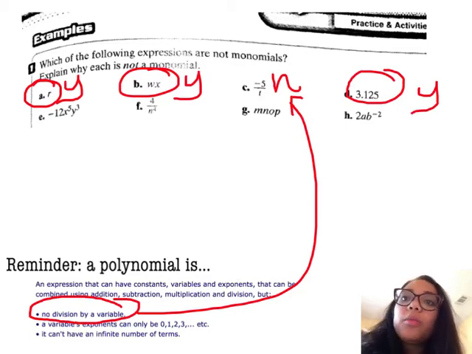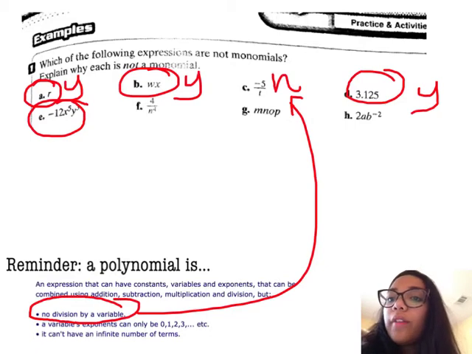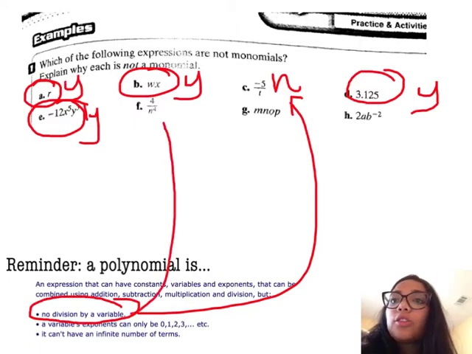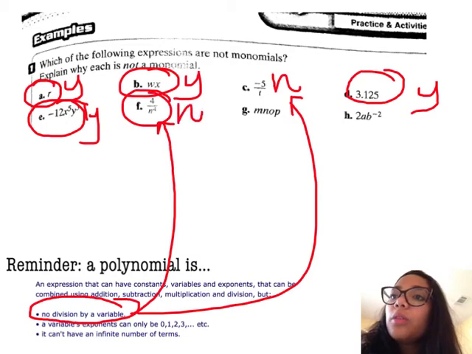Is E a monomial? All of its variables have exponents. It's not dividing by a variable. Yes, it's a monomial. Is F a monomial? Nope, and yet again, it's dividing by a variable, so F is not a monomial.